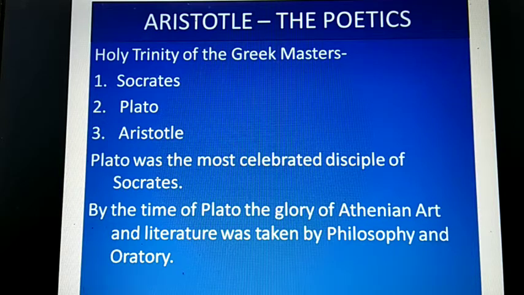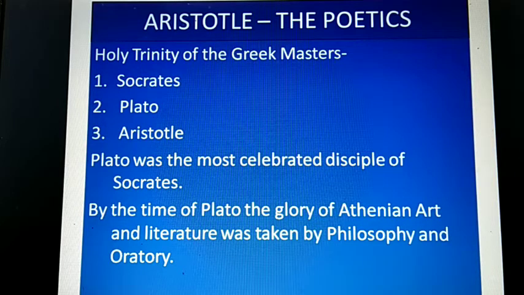Plato was not a professed critic of literature, and his critical observations are not embodied in any single work. His chief interest was philosophical investigation, which forms the subject of his great work, the Dialogues.